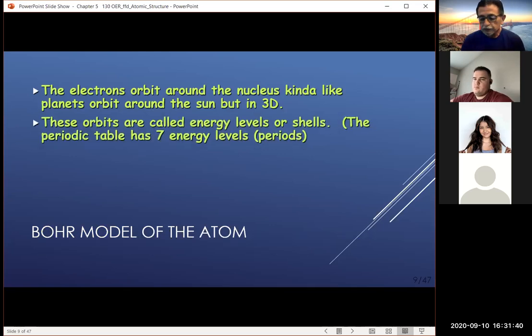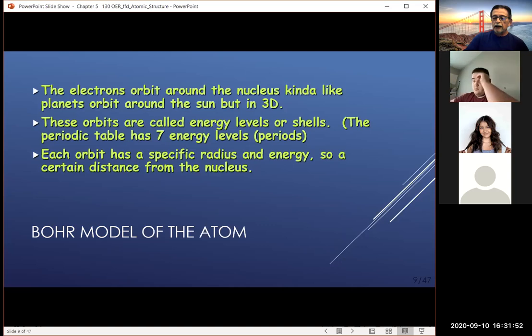Now, all these orbits are called energy levels or shells. The periodic table, as I demonstrated, has 7 energy levels, otherwise named periods. Now every orbit has a specific radius. Every energy level has a specific radius and energy because there's a certain distance from the nucleus.